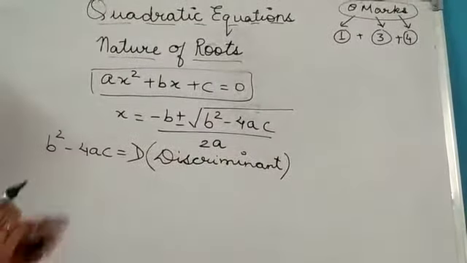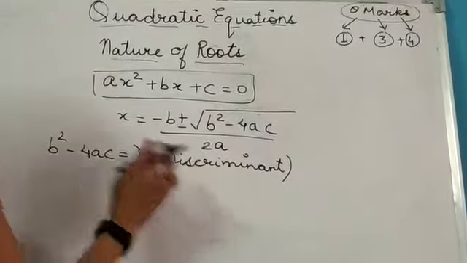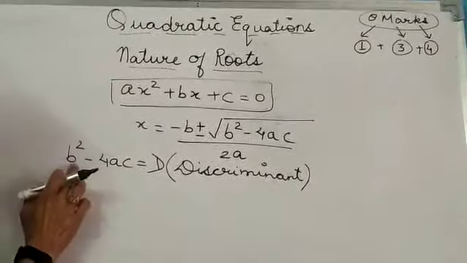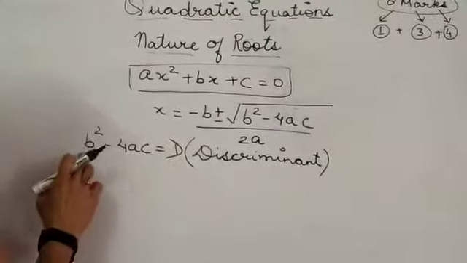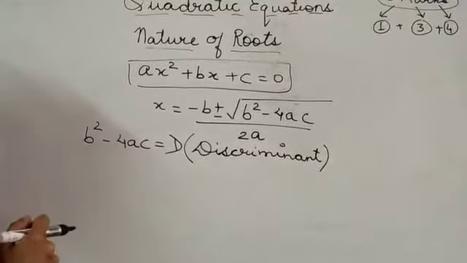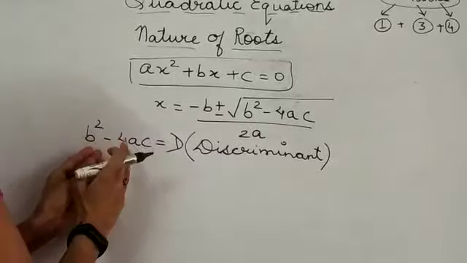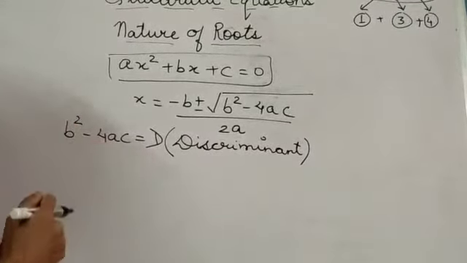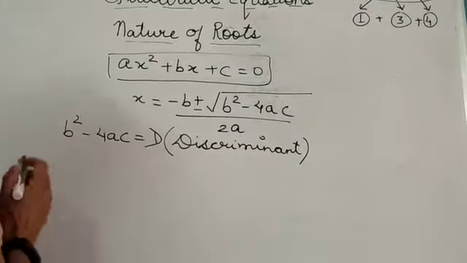In finding the nature of roots, discriminant plays an important role because just by looking at the value of b square minus 4ac, we conclude whether the root is real or imaginary or equal. Let's see how we can do this.